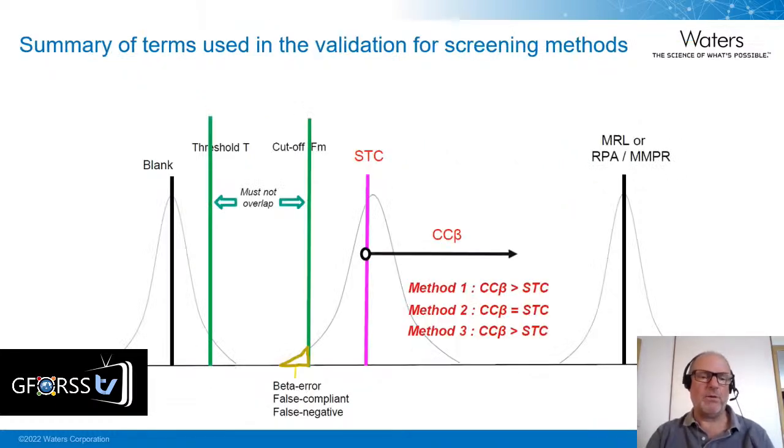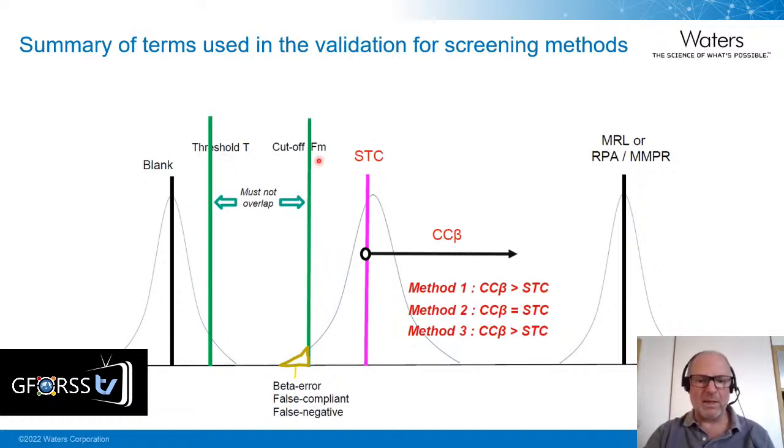Before we conclude, I thought we would show a summary of the terms used in this validation for screening methods. So the first term that we looked at was the threshold value, and this was to help us look at selectivity in the terms of false positive rates. And the threshold value was determined through looking at the mean of our blank measurements plus the standard deviation times the K factor of 1.64 to give us this threshold value.